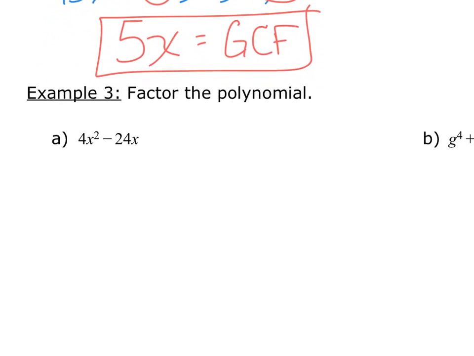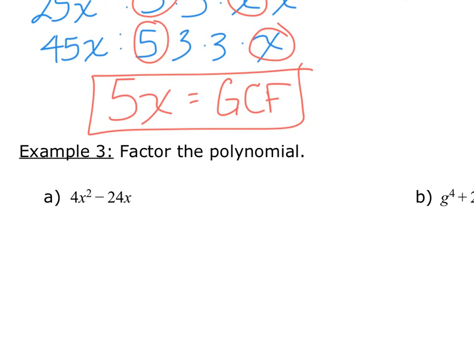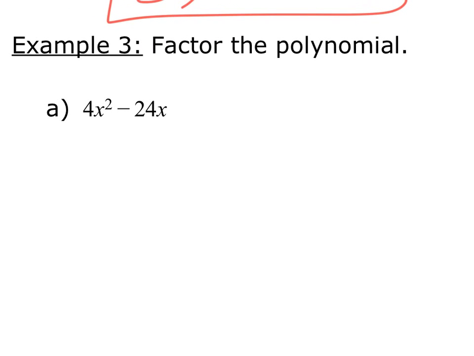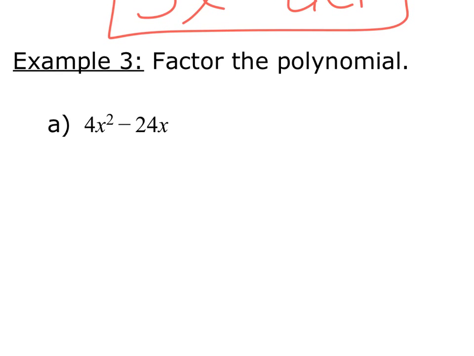All right, example 3. We're going to use the GCF to factor a polynomial. We're going to use the same method. You ready? Let's do A first. I've got 4x squared minus 24x.